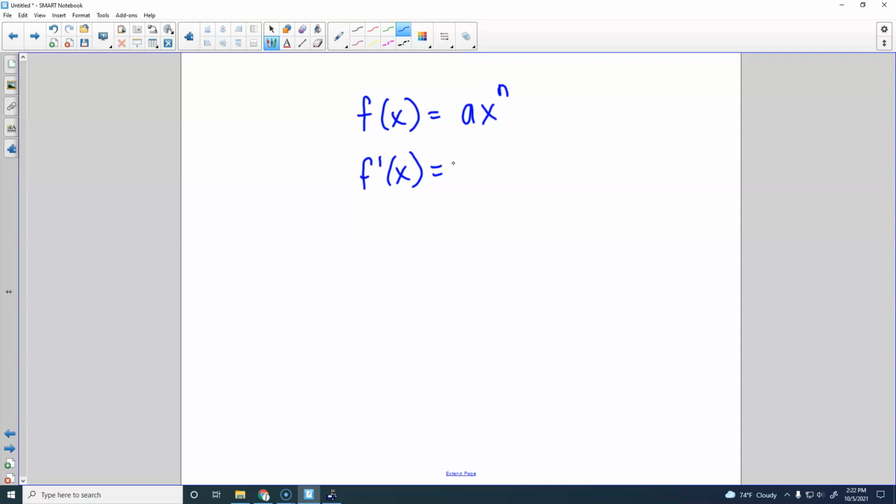This one is x to the third. So we're looking for a shortcut that would give us that answer without having to use the limit definition. If I told you that you had 5x squared minus 4x, you could tell me the derivative without having to work it out. So look at those and figure out the pattern.